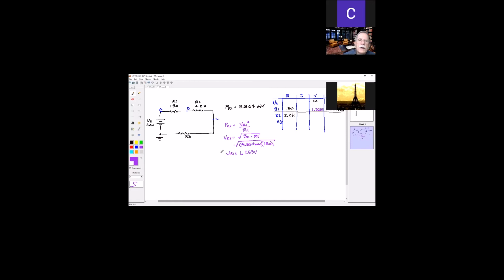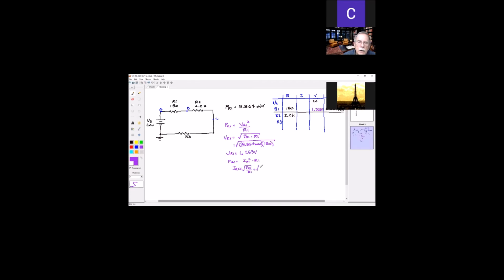Okay, if we wanted to find the current, we could say that P sub R1 is I sub R1 squared times R1. So I sub R1 is going to be the square root of P sub R1 over R1.